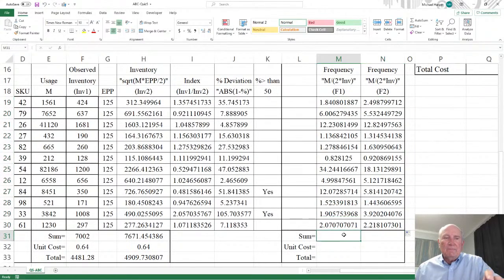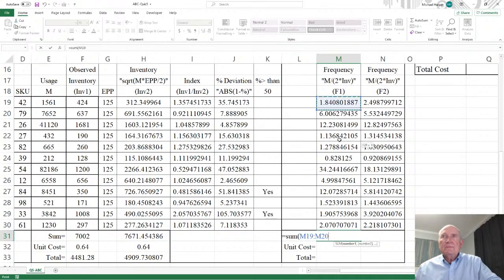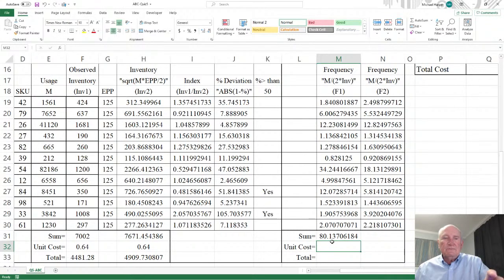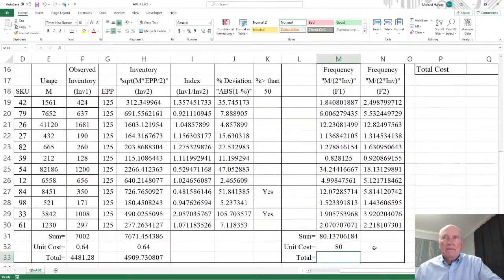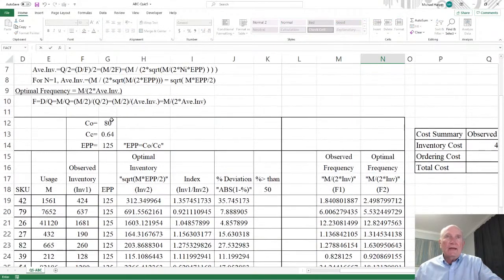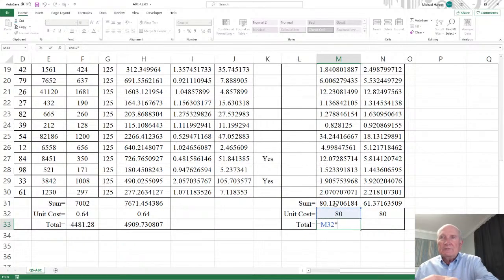And now let's sum them. These right here. And then the unit cost is going to equal 80. Bring this sum over. Multiply. Equals this times this.